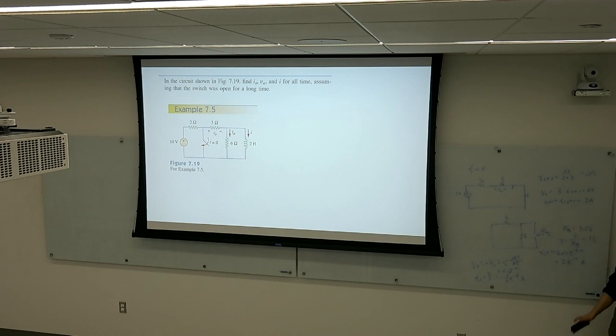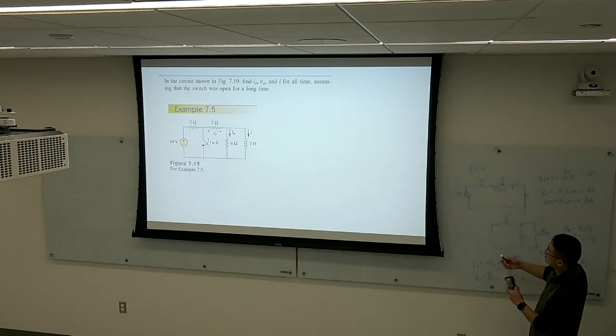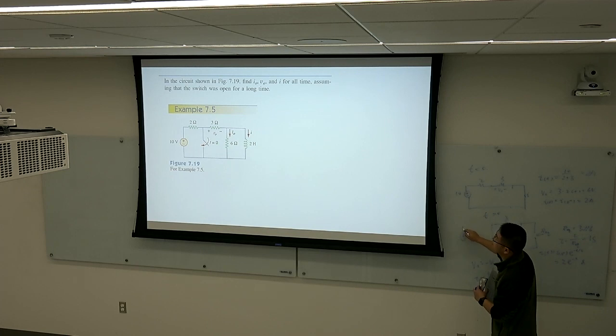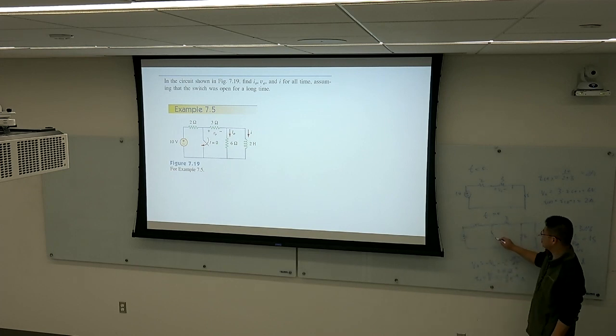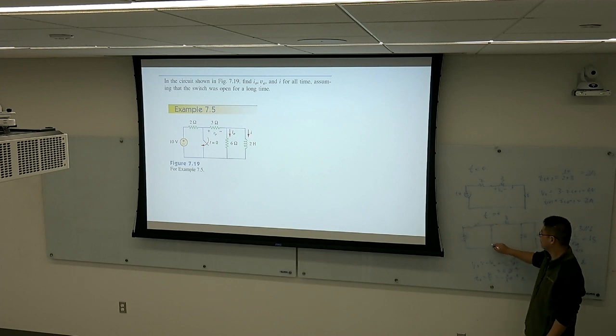So that finishes 50%. The other 50% is when t is greater than 0, because this has been short circuited. The switch here is closed, so the current will flow here.